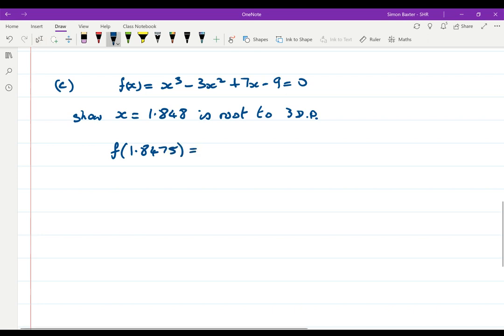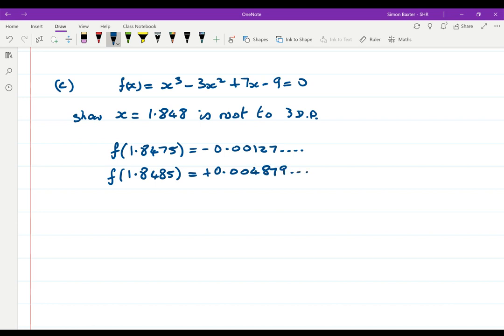Press the buttons on that, and you get minus 0.00127... Press the buttons on 1.8485, and we get plus 0.004879. We have a change of sign.